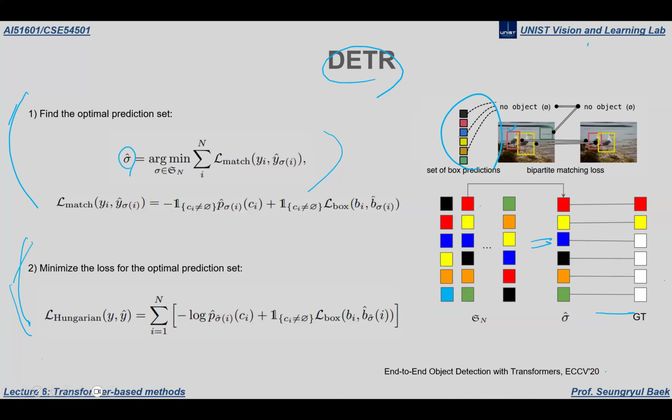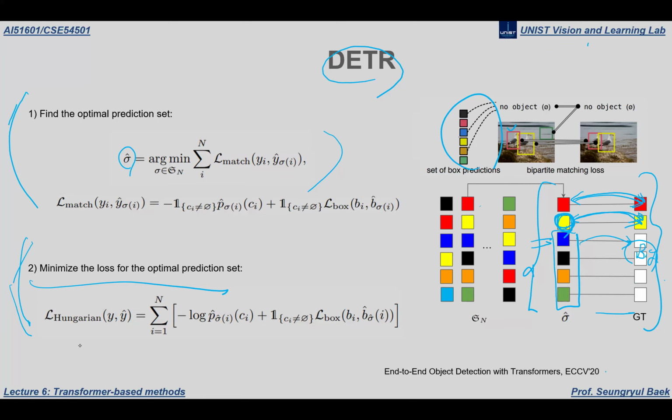In the second stage, for the selected order, we will make the predicted bounding box information and classification score close to the ground truth. For all the remaining boxes, we will map them to the background classification score, and maybe map them to null for the bounding box information.